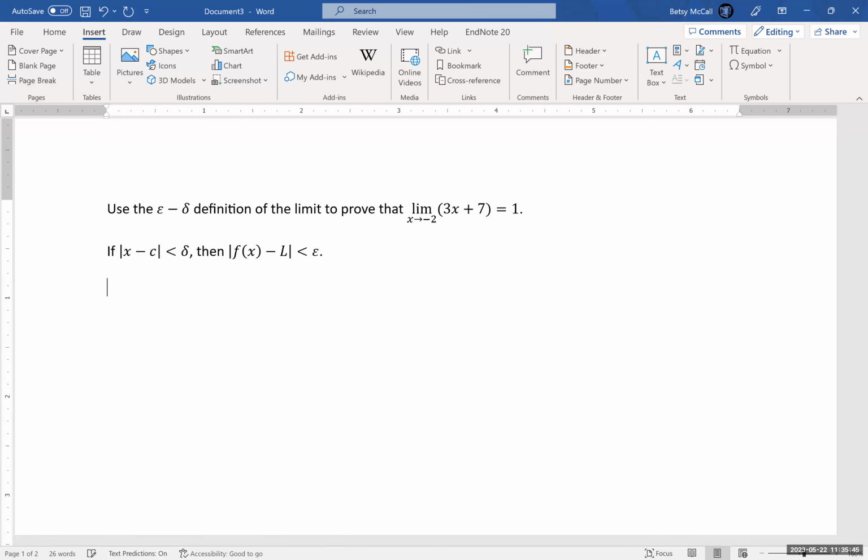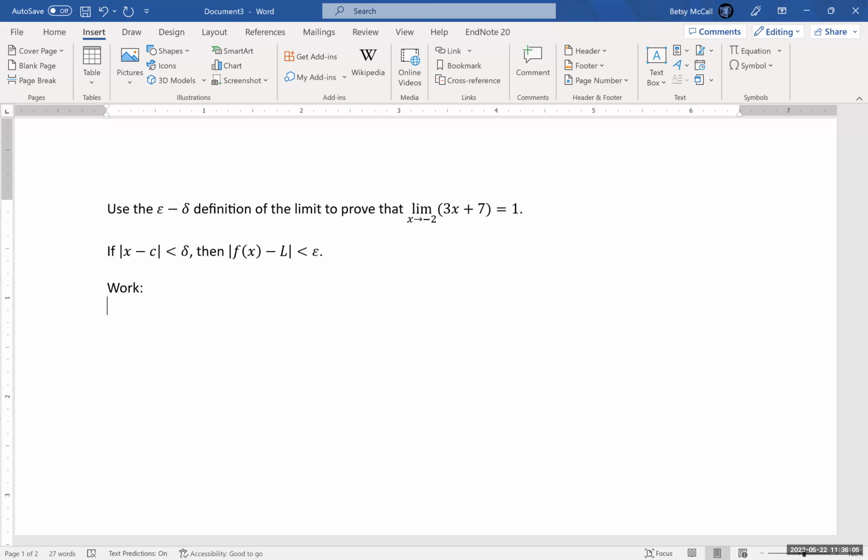Let's try again. So where we're going to start is we're going to do some preliminary work in order to get the relationship that we need, and then we will move forward toward the final proof.